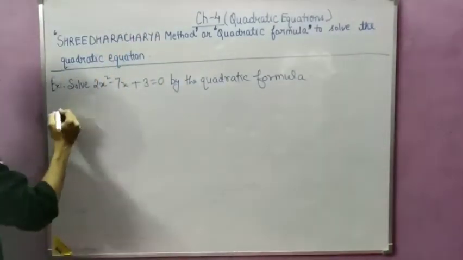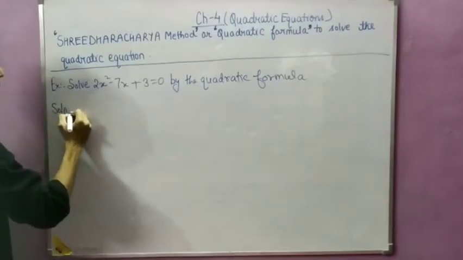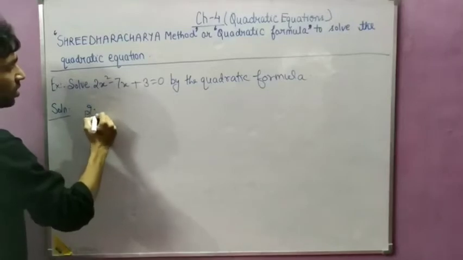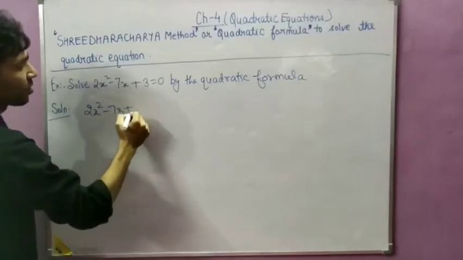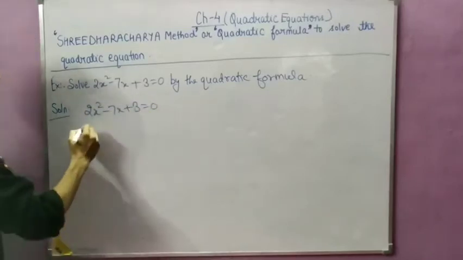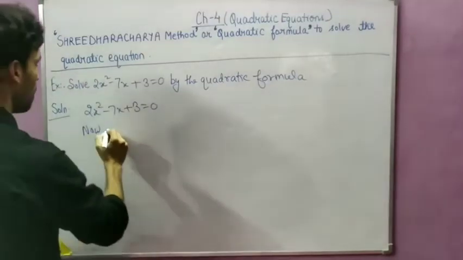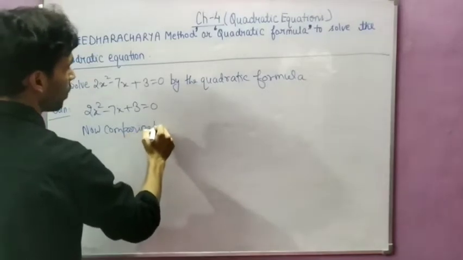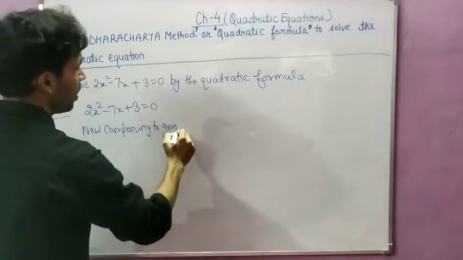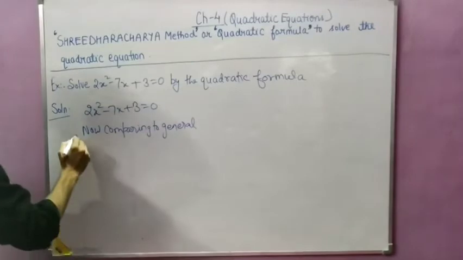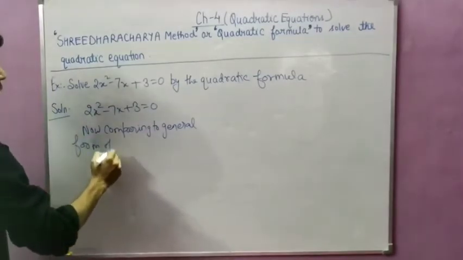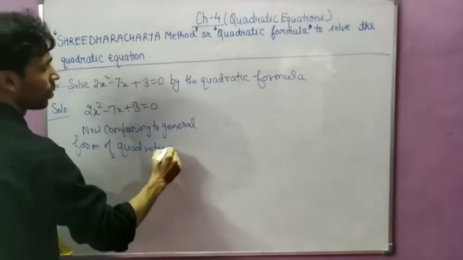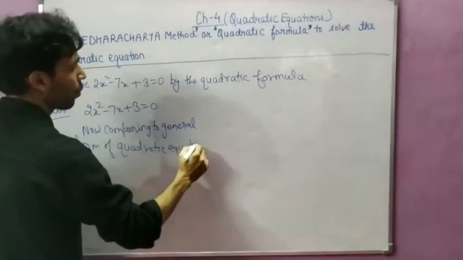When you compare it, the question is 2x square minus 7x plus 3 equal to 0. Now, comparing to the general form of the quadratic equation.